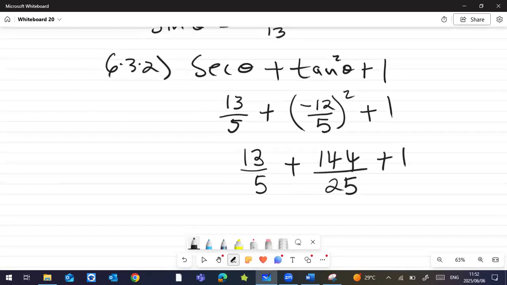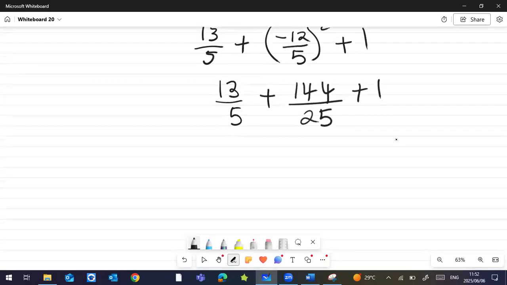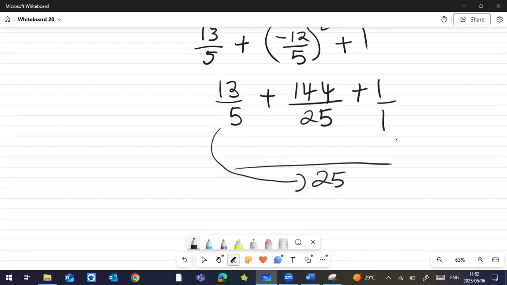Addition of fractions: our lowest common multiple between 5, 25 and 1 will be 25. Then you can say 5 goes how many times into 25? 5 times. And that 5 should multiply by 13. You end up with 65, plus 25 into 25 goes once.